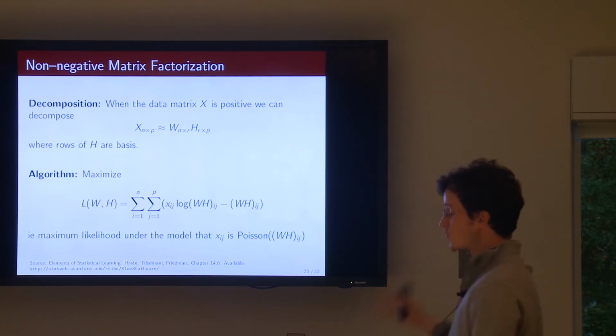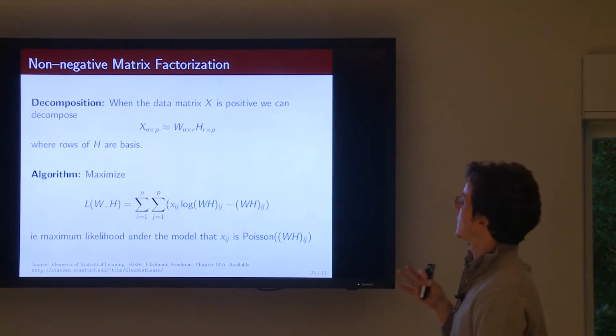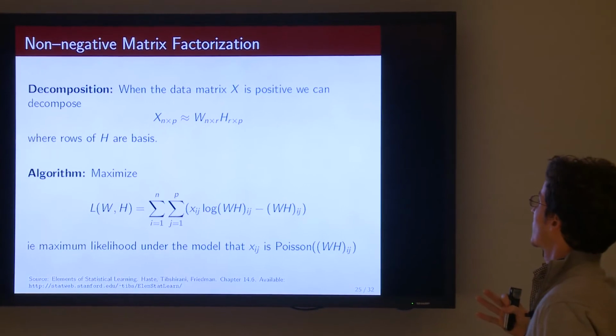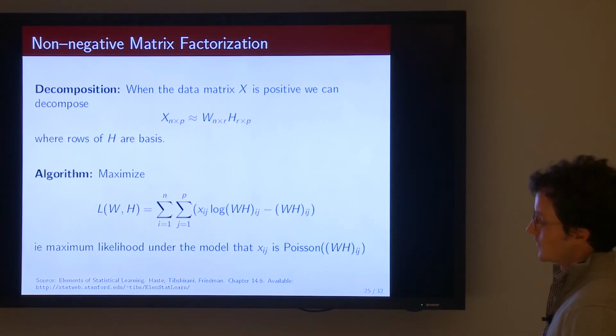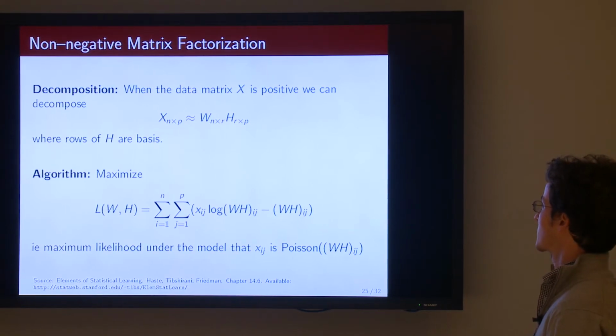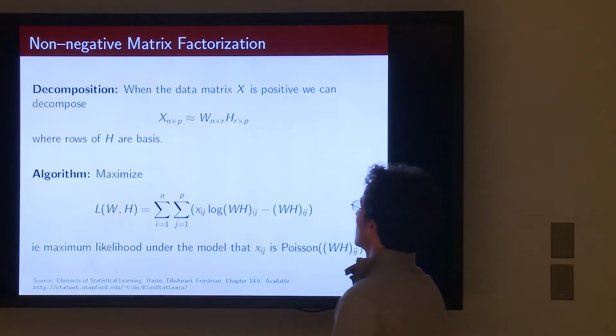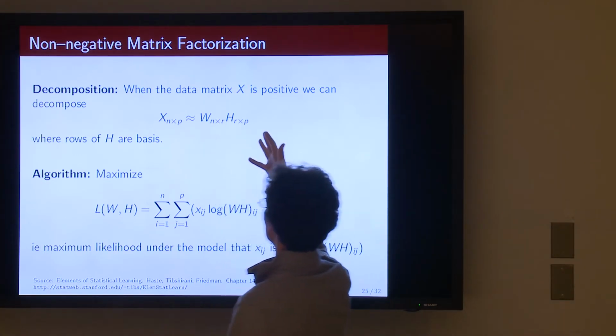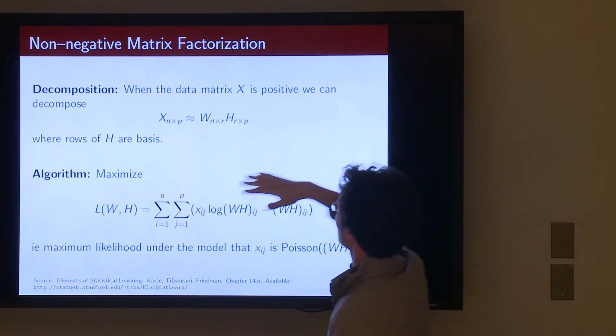OK, so if you do want basis vectors that are positive, the somewhat new tool for doing that is non-negative matrix factorization. With non-negative matrix factorization, you decompose the data matrix X into two matrices, W and H. Here, everything should be positive.